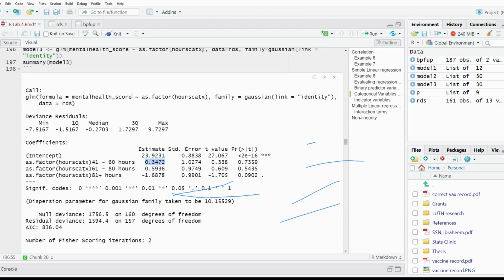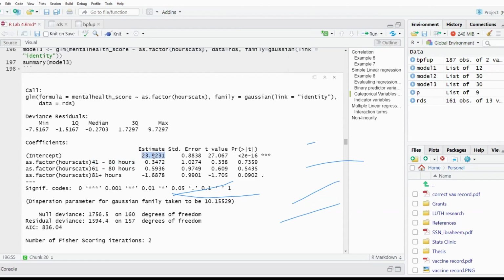Yes, that is excellent. So basically what he said is that the estimate of 0.34 or 0.35 is the increase in the mental health score that you will have if you work 41 to 60 hours compared to the intercept. And what's the intercept? Anybody else want to tell us what the intercept represents here?